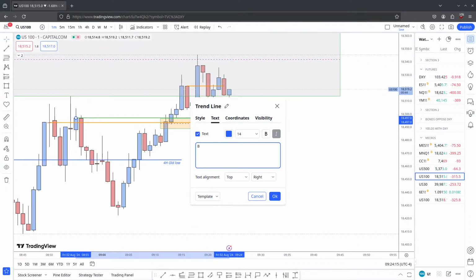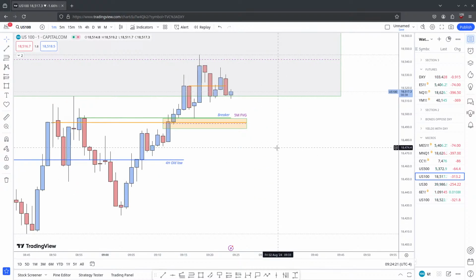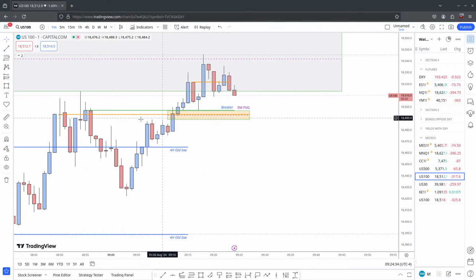So I would look at this breaker block. That's what I would want to see. I would want to see it come into this higher time frame: 5-minute fair value gap breaker, 5-minute order block, 1-minute breaker block, by the way, right over here on the screen.